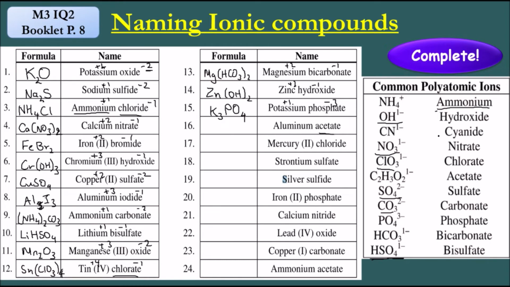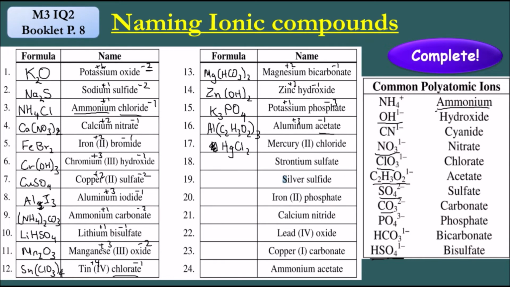Acetate, that's here. So our formula here: aluminium is 3 plus, acetate is 1 minus, so it'll be Al(C2H3O2)3. Mercury chloride, so mercury is HgCl2.